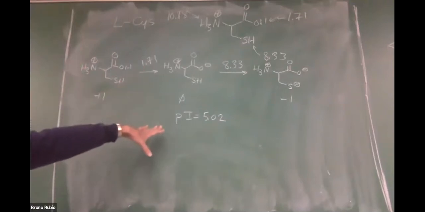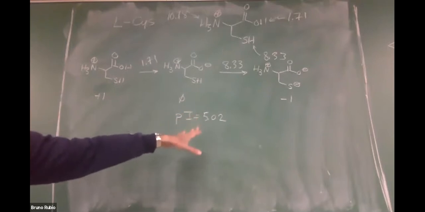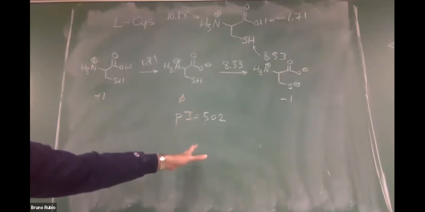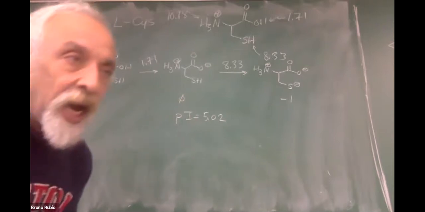So for cysteine, this isoelectric point is farther from physiological pH. This is going to be a lot more soluble in a physiological system than alanine was. Alanine's pI is a whole point higher.